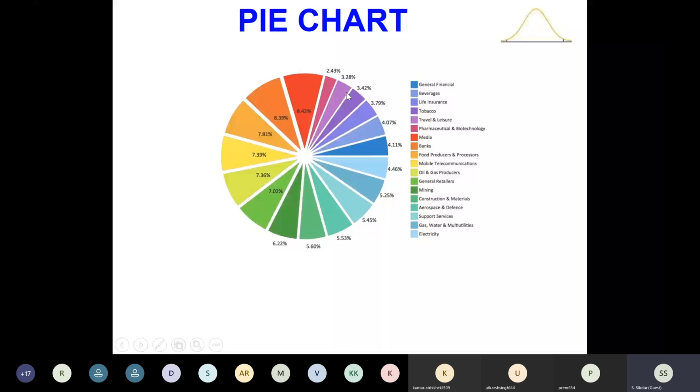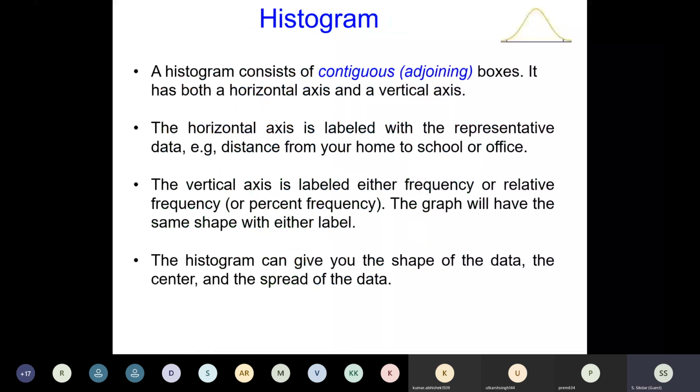Similarly, for this violet, 3.28%, what is that violet? Travel and leisure. So that company has less share there. This is in brief the pie chart.